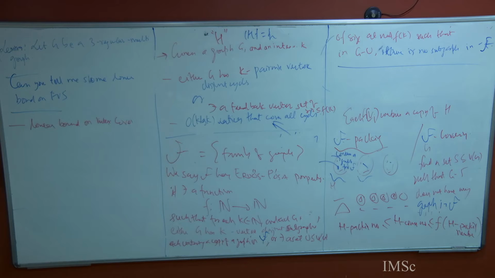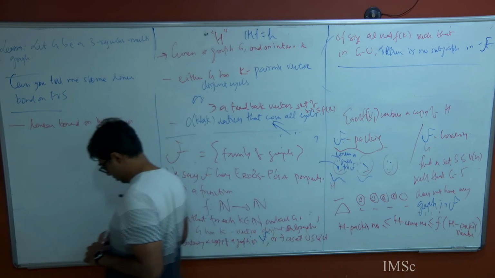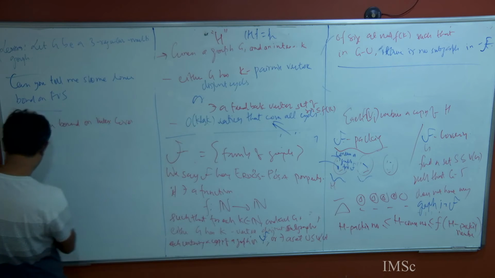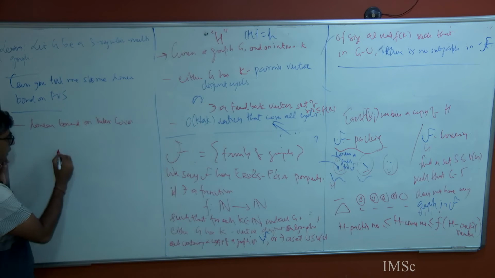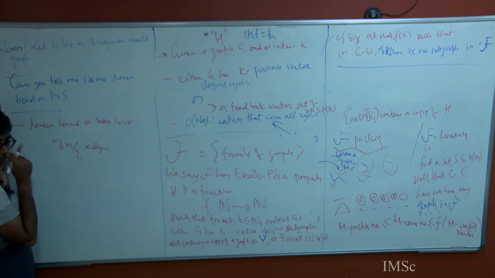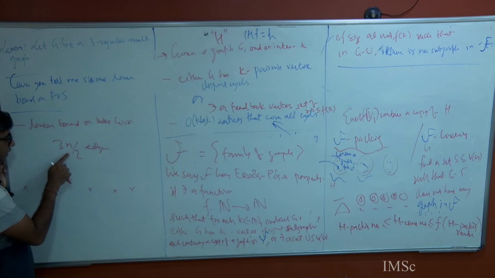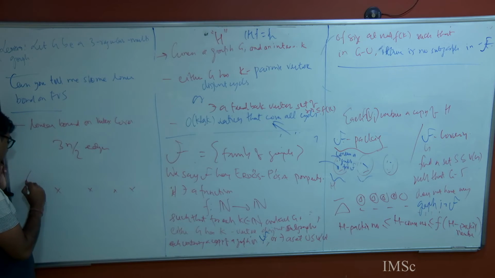Okay. So what I want to tell you is that I have 3n by 2 edges in this graph. Now here's my vertex cover. This person can eat up how many edges? Excellent.